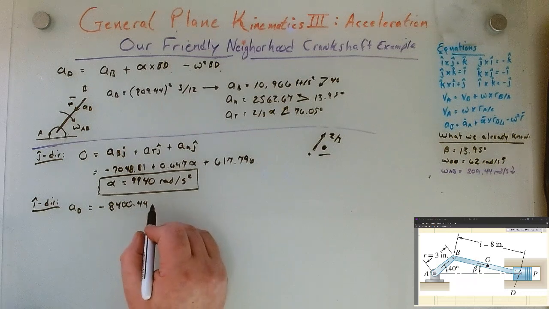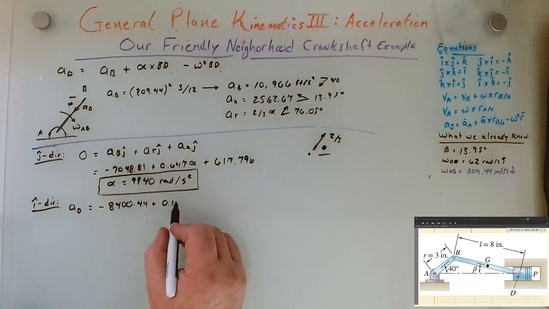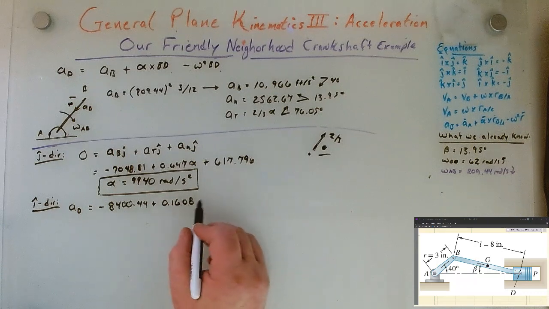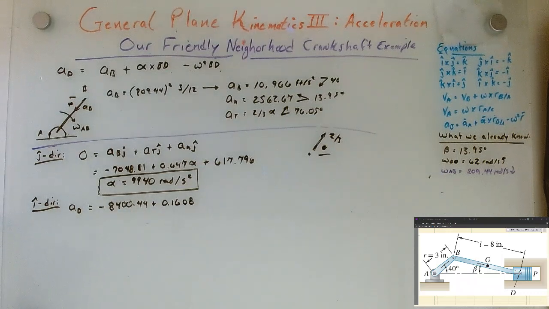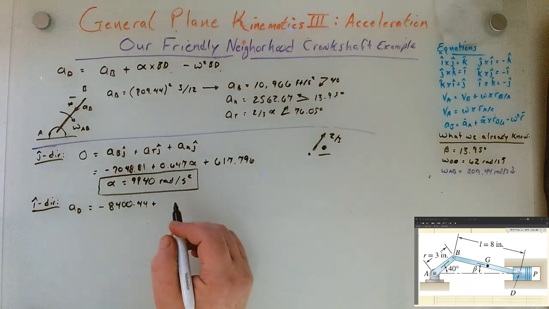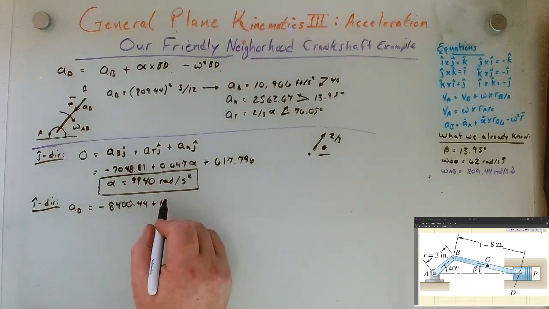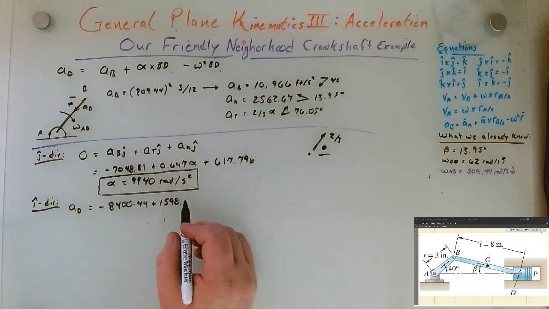That is plus 0.1608, and that is times alpha, so I just plug that in. Excuse me, hold on. Okay, and when I multiplied that through, I got 1598.28.